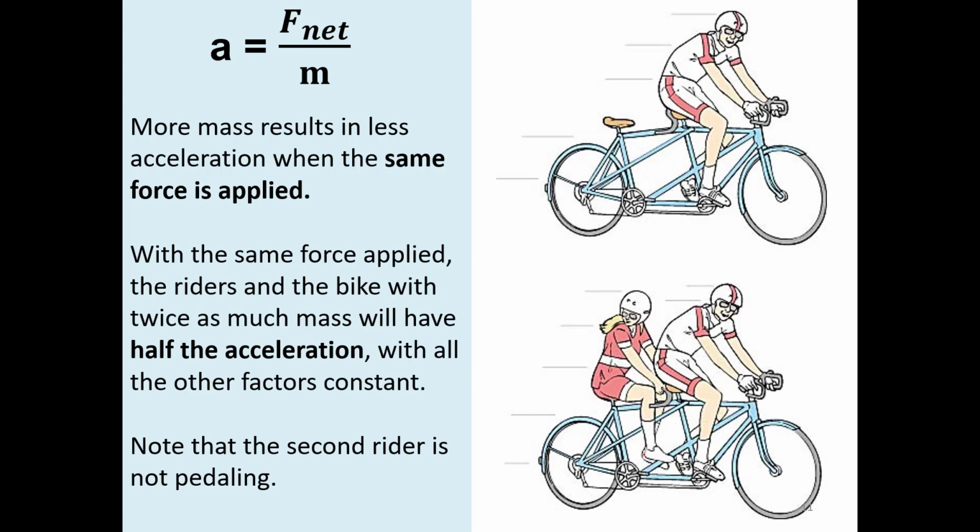What is going to happen with the acceleration if we duplicate the mass and keep the force constant? If we duplicate the mass, the acceleration is going to reduce in half, because they are in an inverse relation.